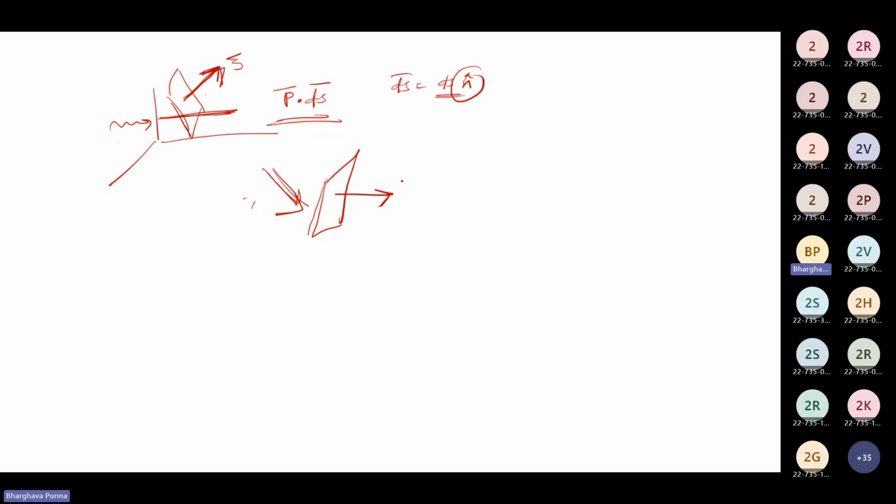Now we'll see one problem based on this one. You can write while the class is going on. Now the problem is: in a non-magnetic medium, they have mentioned non-magnetic, this point I have already told. When they say non-magnetic, simply you can take mu r is equal to 1.